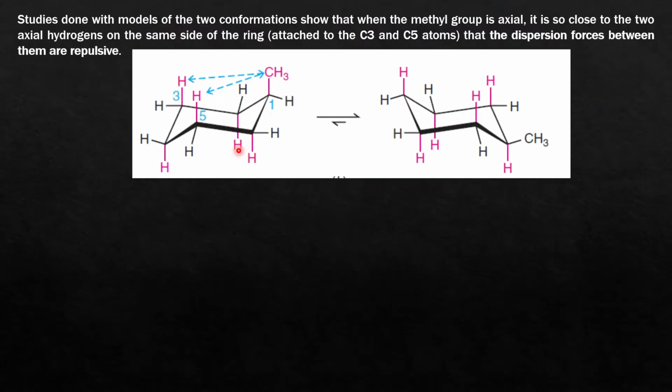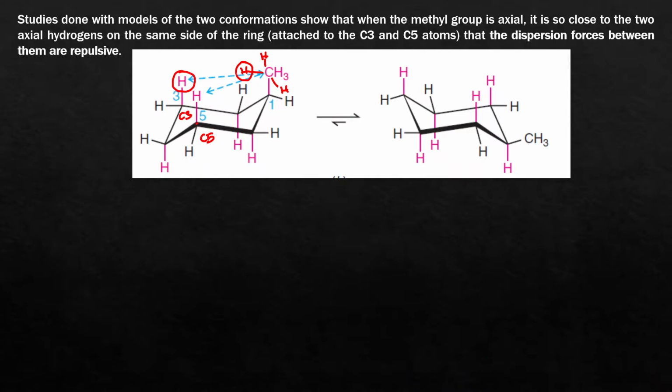Now here you can see that this methyl group has 3 hydrogen atoms. A hydrogen atom of the methyl group is very close to the hydrogen atom attached to carbon number 3 and the hydrogen atom attached to carbon number 5.